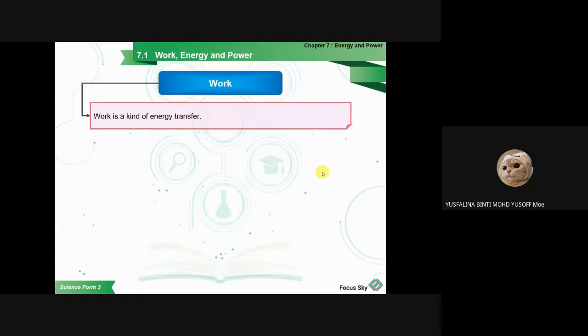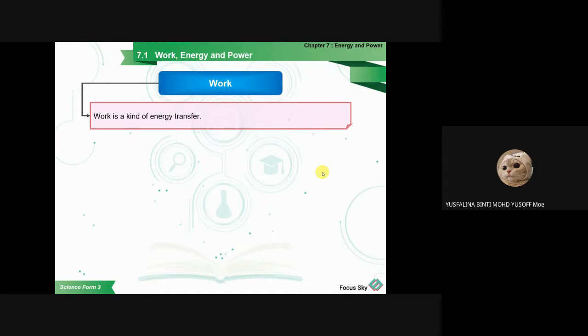Work is a kind of energy transfer. So why do you say that work is a kind of energy transfer? For example, let's say you have a box, and if you want to push the box, inside your body you already have chemical energy. It comes from the food that we eat.